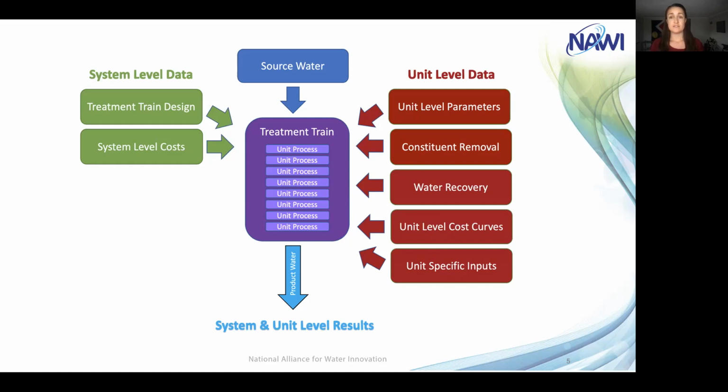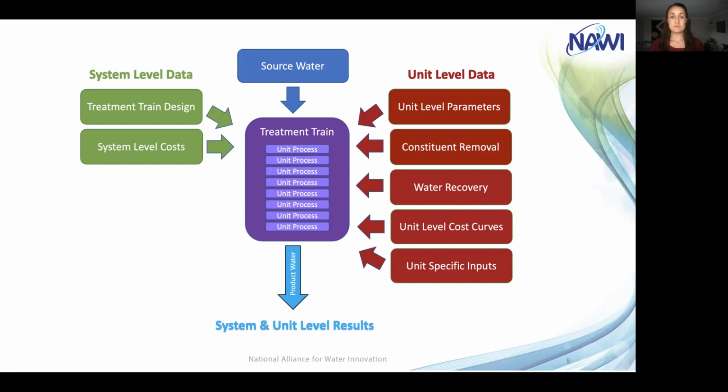And then also the source water coming down in blue and its constituents. So then we're building a train based on the specified unit processes desired, the output water quality, minimizing energy use, and then outputting what unit processes are in the train, energy costs, construction costs, and a lot of other factors.